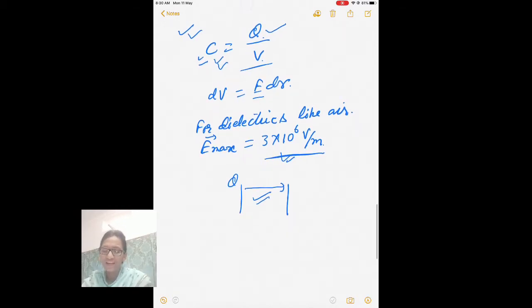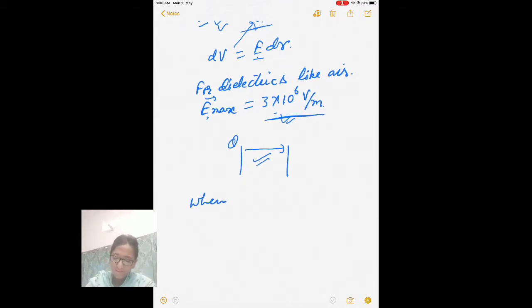So we will try to not increase electric field to this value, and so we will try to keep the value of electric field and thus potential, and we will try to increase the value of charge, and such a capacitor can be used practically for so many works.